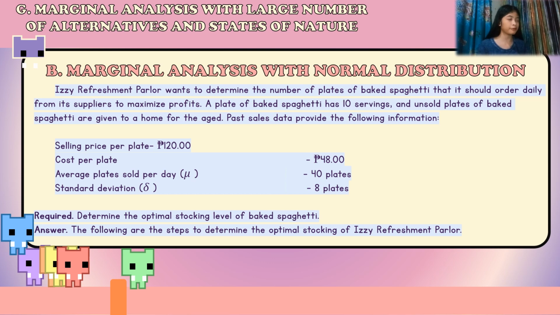Past sales data provide the following information. Selling price per plate is 120 pesos. Cost per plate is 48 peso. And the average plates sold per day, or our mean, is 40 plates. And standard deviation is 8 plates. Now, we have to determine the optimal stacking level of baked spaghetti.